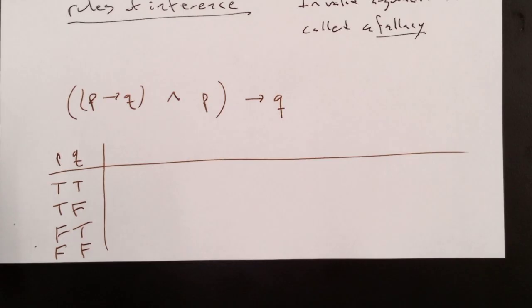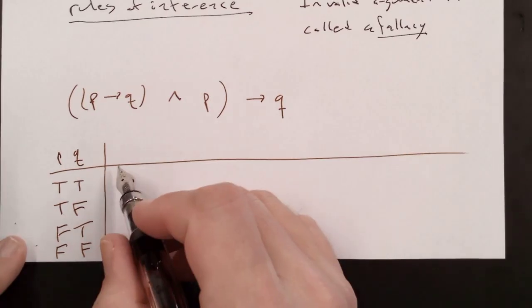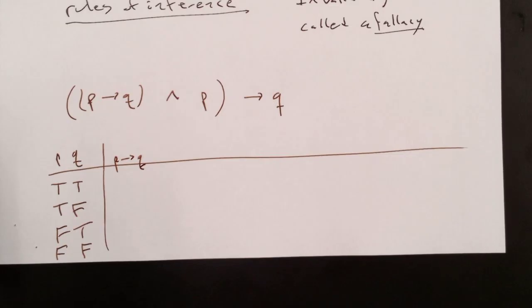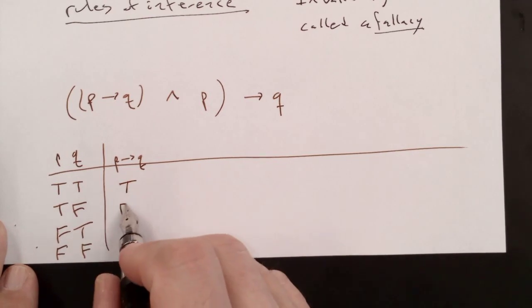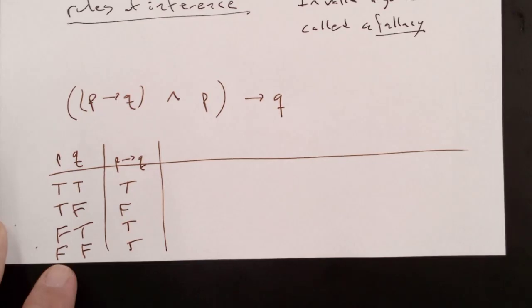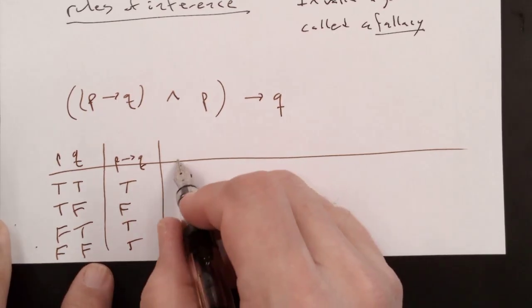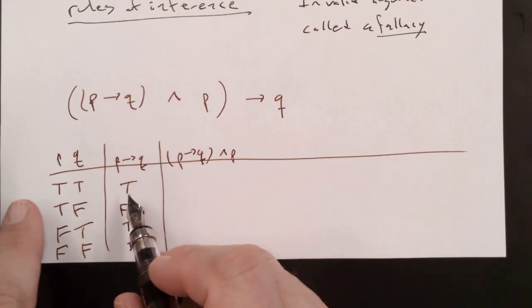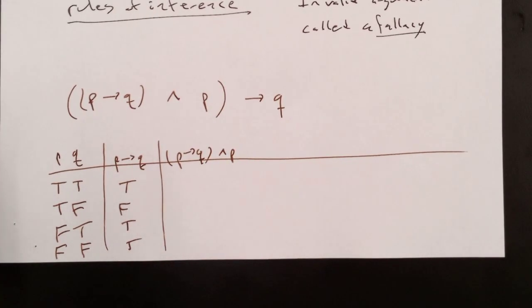So let's build the parts. We're going to work inside our parentheses. So I'm going to start with the implication P implies Q. What's the column of the truth table for that? Well, then I need P again, so I could copy it down, but I really don't care to. I need P arrow Q and P. So I need the and statement. What do I get when I do this and statement?